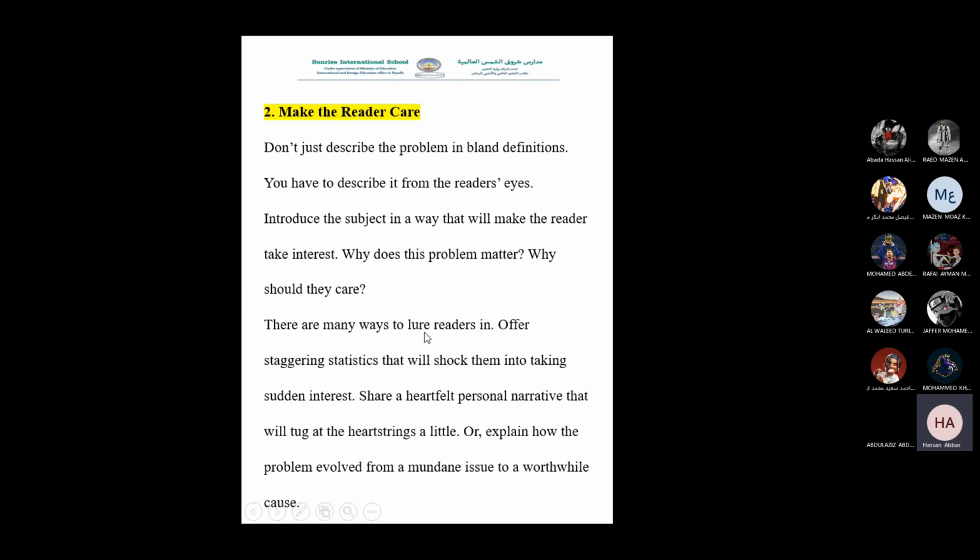There are many ways to lure readers in, to attract the readers. Offer staggering statistics that will shock them into taking sudden interest. Share a heartfelt, personal narrative. Try to bring sights. Sights means examples from real life, something you've seen outside, a situation that happened with you.